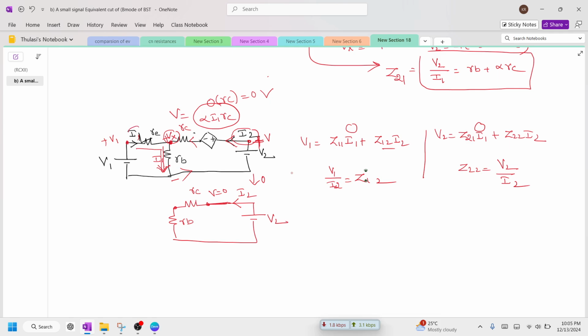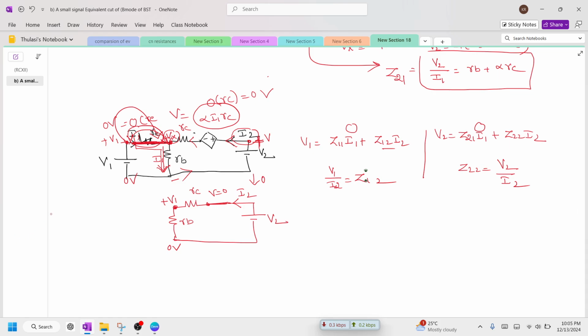Whenever this is short circuited, with no resistor, the voltage V1 is shifted to this point, and this point is 0 volts.